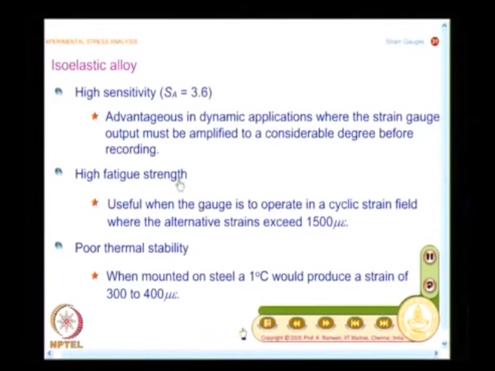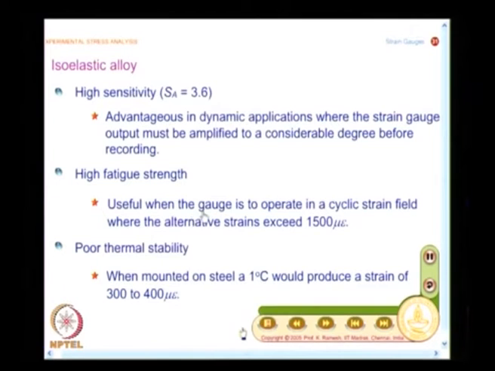If you look at engineering, one of the most important types of loading in the field is fatigue loading. And if the fatigue strains exceed 1500 microstrain, use of isoelastic alloy is recommended, because it has high fatigue strength, and such applications are very important.